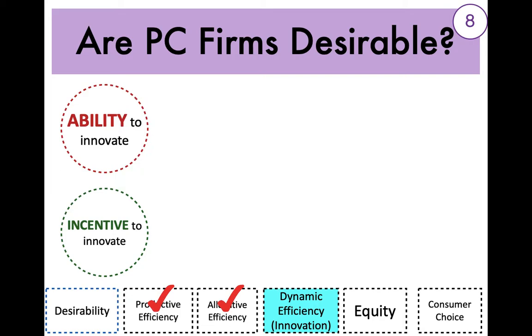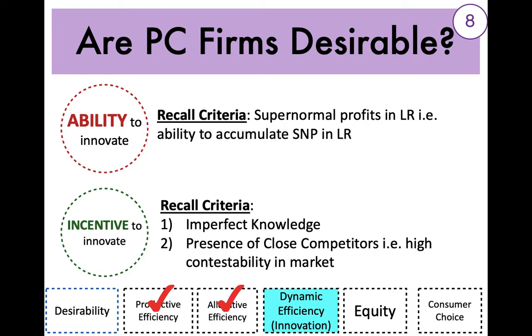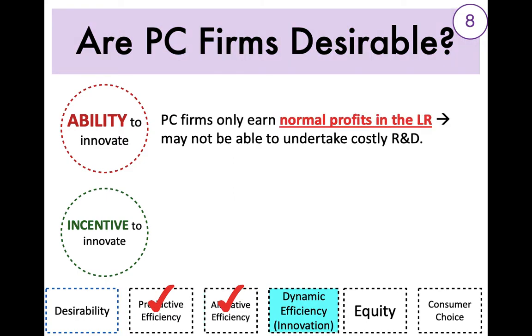Okay, now let's look at whether PC firms can be dynamically efficient. Do they possess the ability to innovate? And also, do they have the incentive to innovate? All right, so let's look at the ability for PC firms. Because they only make normal profits in the long run, they cannot undertake costly R&D because they lack the funding and hence ability.